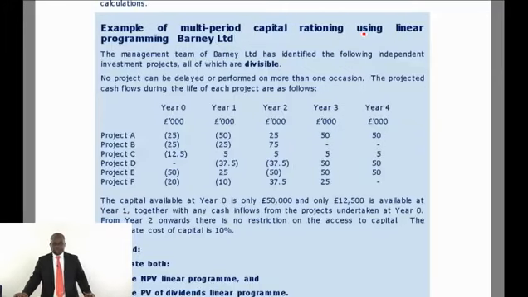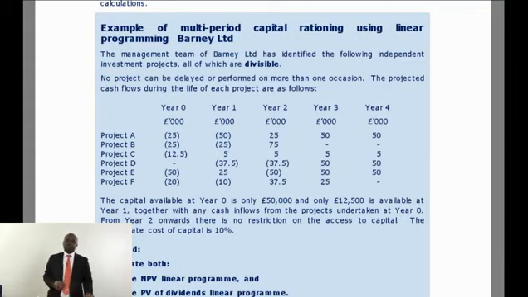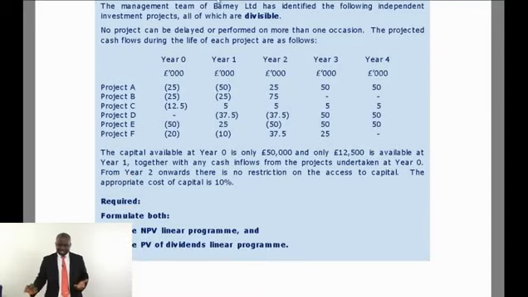So last session we were doing capital rationing and we picked a question called Barney Limited, and we said because we are in a situation where we have a multi-period capital rationing, we would have to use linear programming if the projects are divisible. And doing the linear programming, there will be the need for us to think of the objective we would have to be achieving.